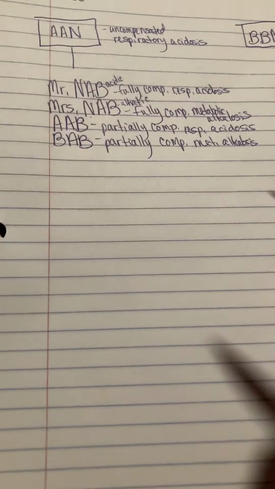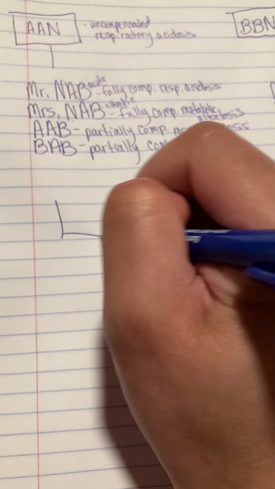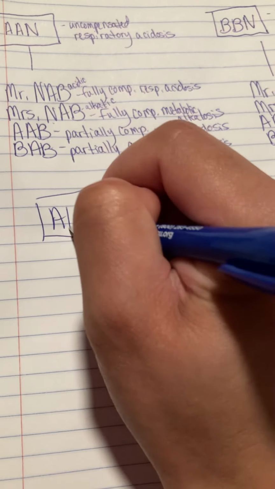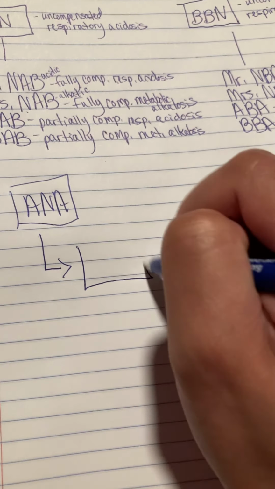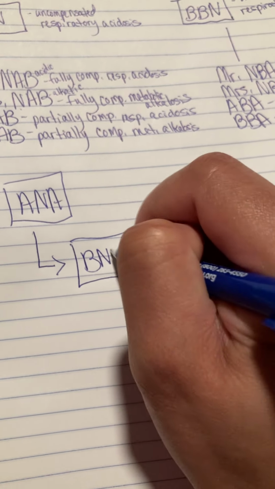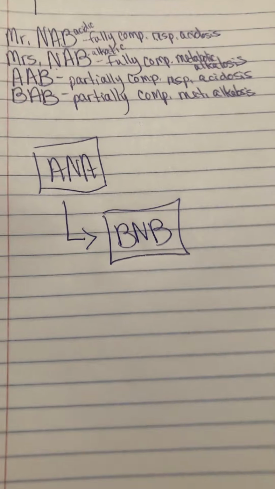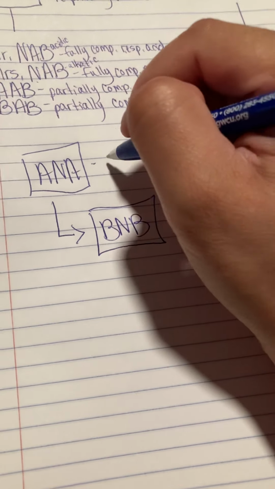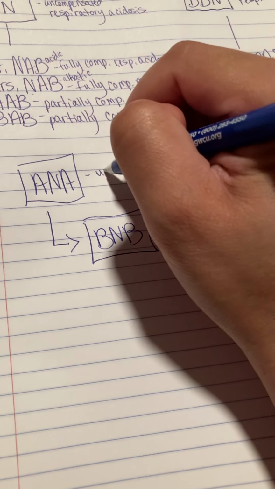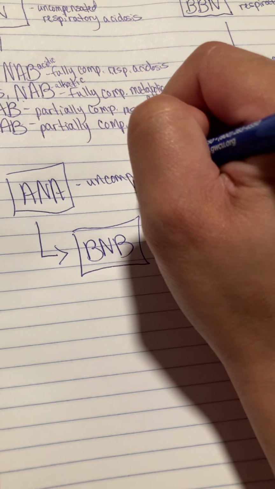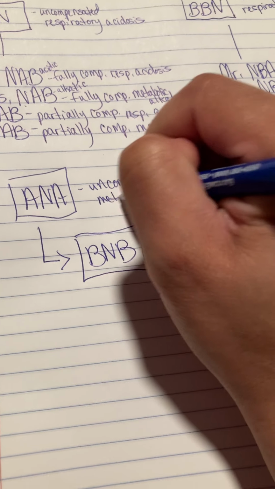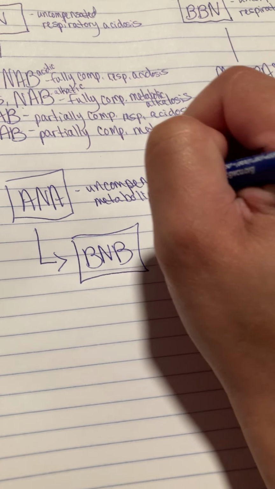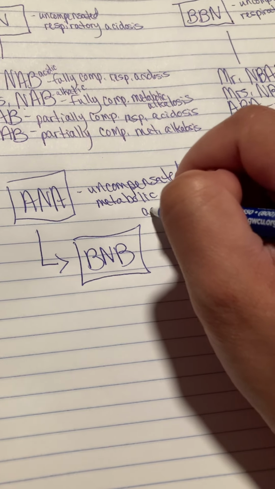And outside of town lives Anna, and she owns a B&B. Anna represents uncompensated metabolic acidosis.